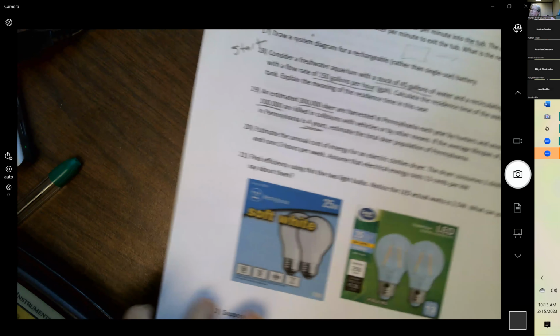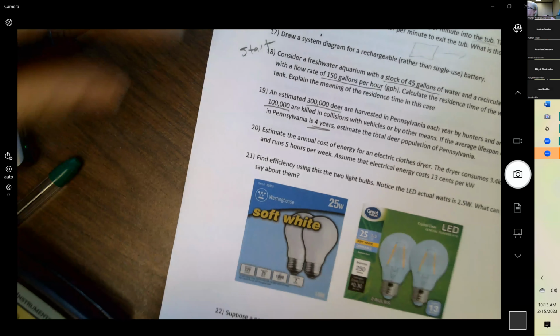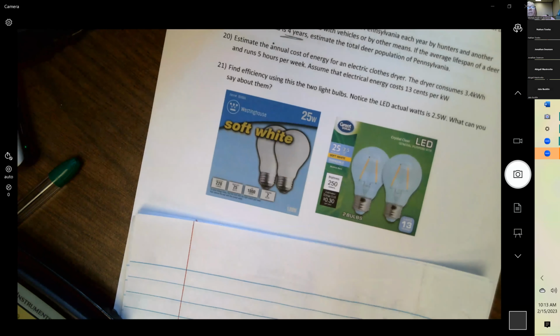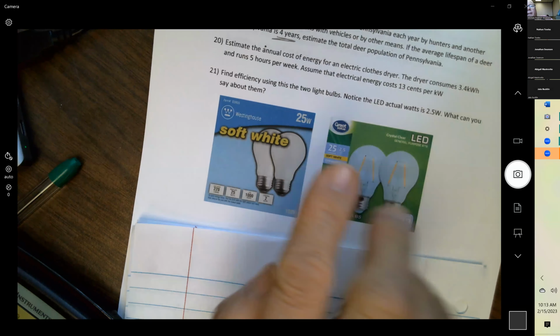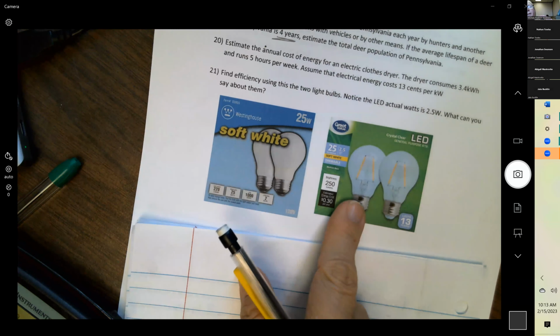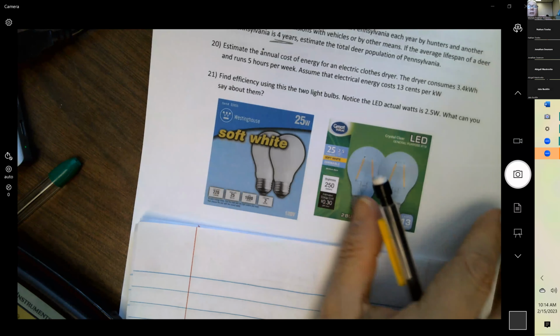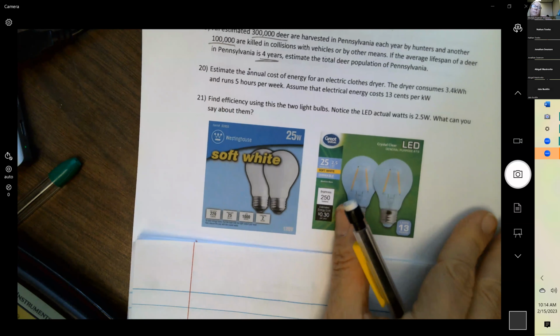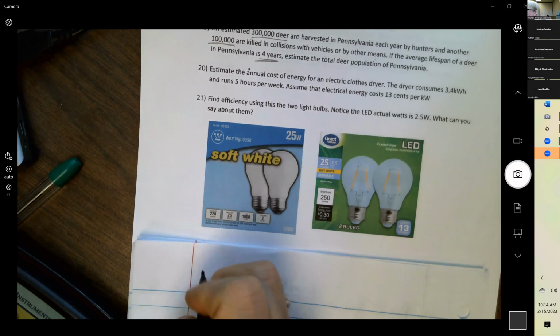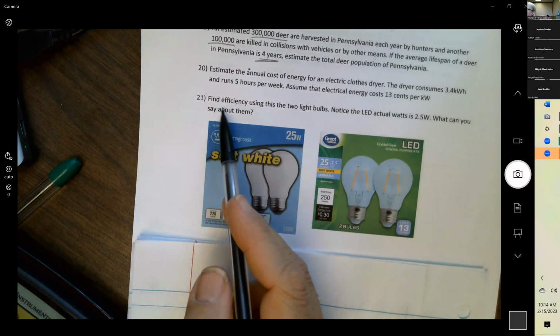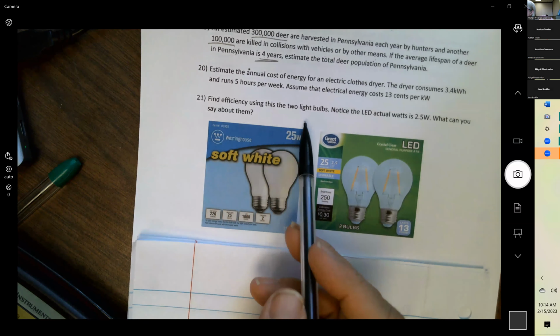Number 21 is definitely on there. And what I did was I gave you an incandescent light bulb and an LED, and I wanted you to see the difference. Now the one on the test will be a different watts. So it says find the efficiency using these 2 light bulbs.